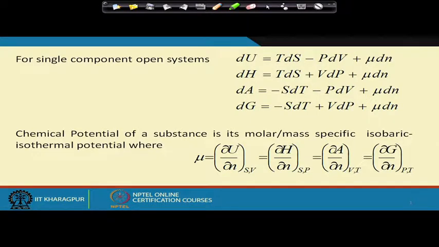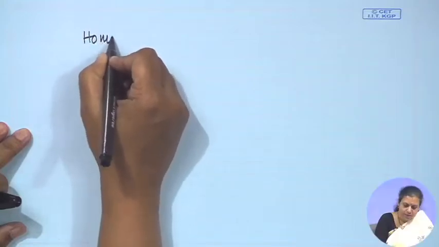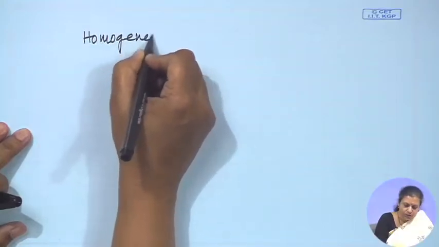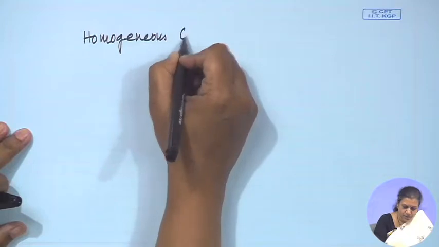Now, we would like to extend the discussions that we had yesterday slightly further, and we would like to discuss certain other aspects of homogeneous open systems.